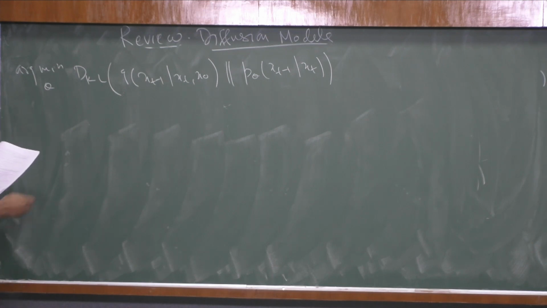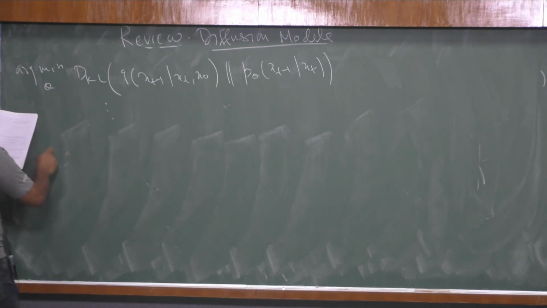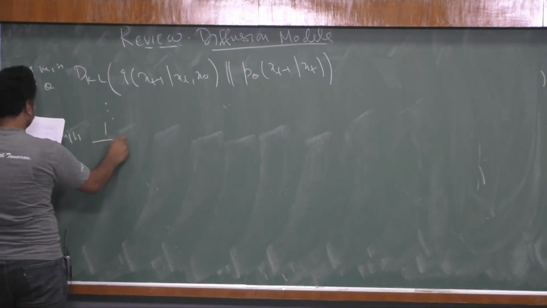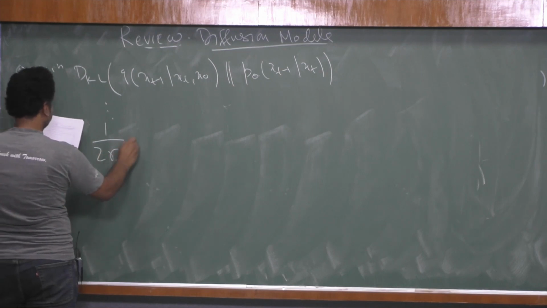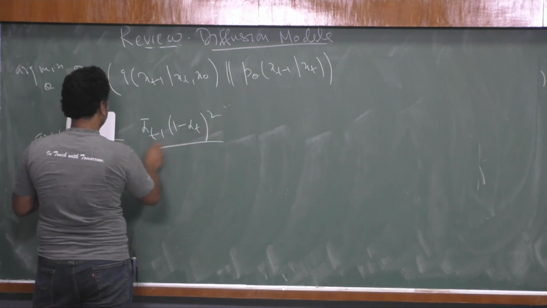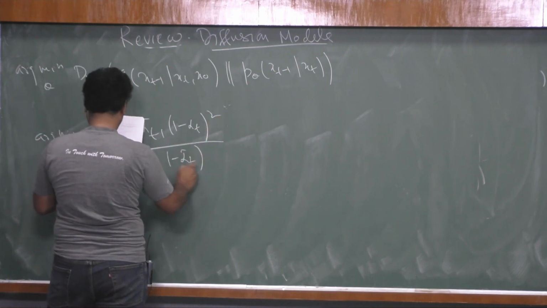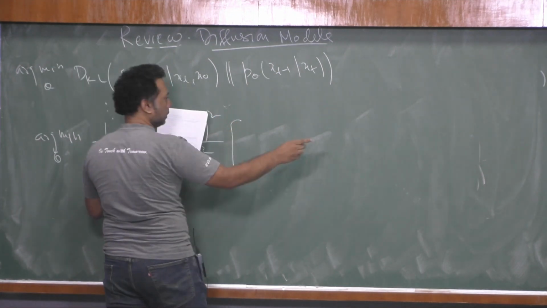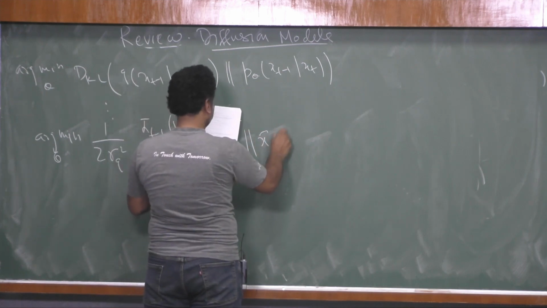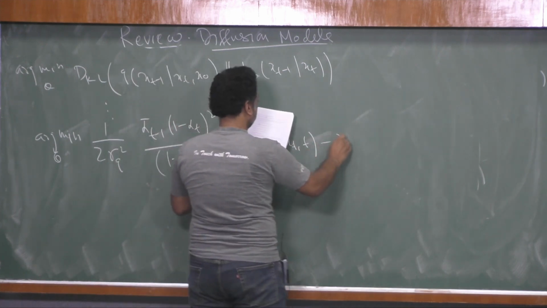Ultimately, after all these derivations, what we get is 1 over 2 sigma q squared times alpha bar t minus 1 times 1 minus alpha t squared, divided by 1 minus alpha bar t squared. Then, as I said, those things come out, and then x hat theta of xt and t minus x naught.